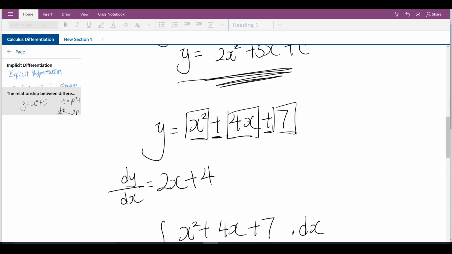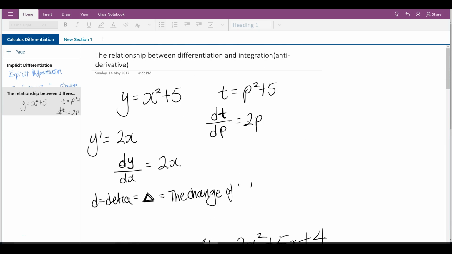you get the point. So hopefully after this particular video, you guys learn a bit more about the relationship between differentiation and integration, and hopefully it triggered that sense of curiosity inside you to look for more.